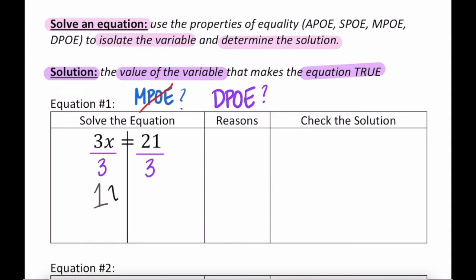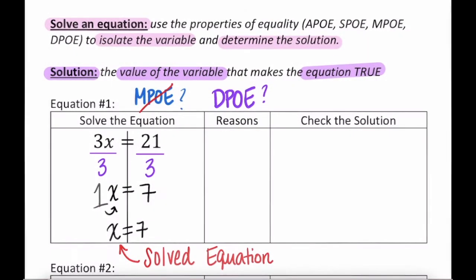So now this is 1x equals, and 21 divided by 3 is 7. But is x isolated? Well, yeah, because 1 times x is just x. 1 times anything is itself, so we're left with x equals 7. This is called a solved equation because x is now completely by itself on that side.